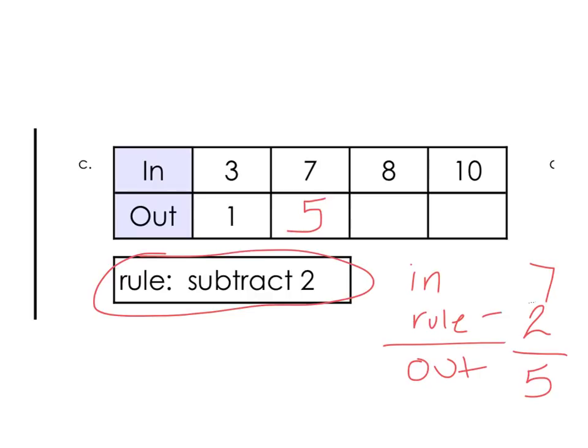So every time I see an in number here, my out number is going to be to take 2 away from it because that's my rule. 8 minus 2 is 6. 10 minus 2 is 8.